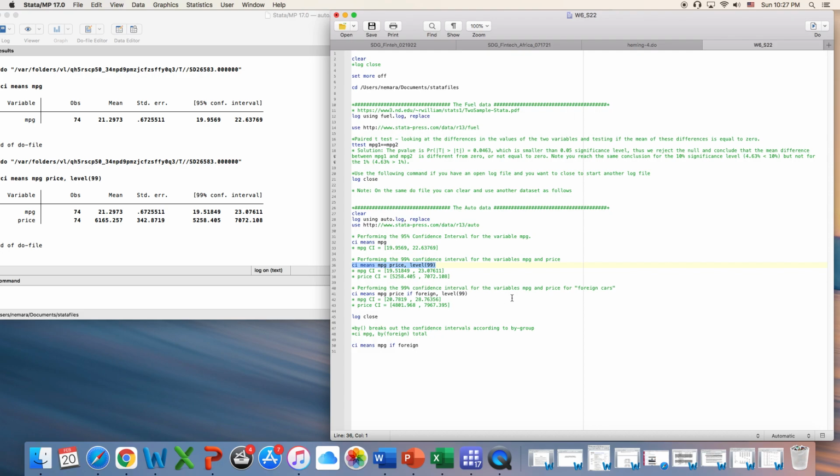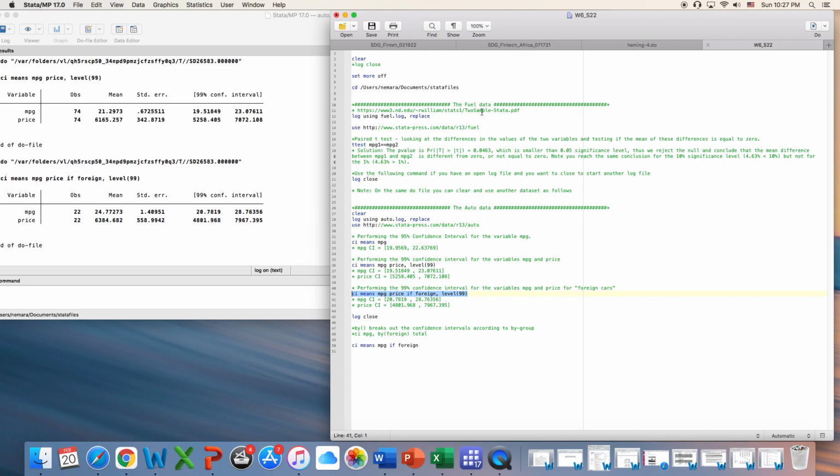What else? How about if I want to be more specific? I want the 99% confidence interval for the variables mpg and price, but only for foreign cars. I really don't care about the domestic cars in this command, so I'm just focusing on foreign cars. And if you want to do that, you just have to add the command if foreign. And what you will get is just related to foreign cars.